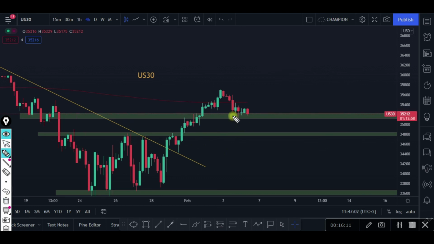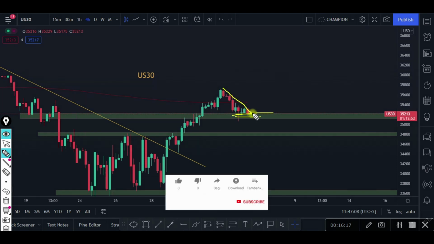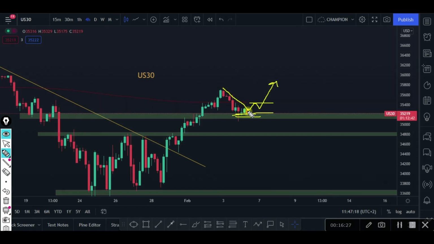Let's hope that the market respects this area, and then if you can see this, the market breaks out of it, retests, then we will be having something like this. You can place your buys if the market comes in.